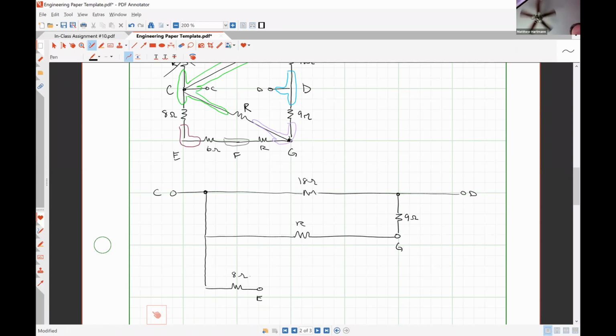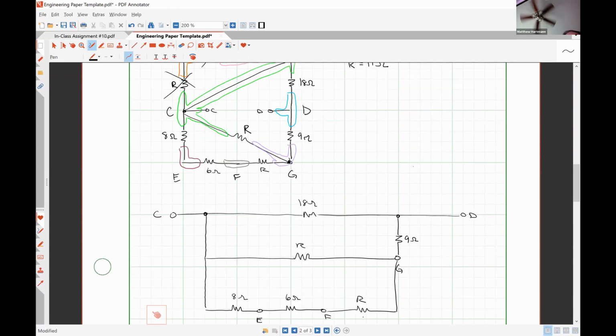From E to F, we have a 6 ohm resistor. And from F to G, we have a resistor R. And so let's see.